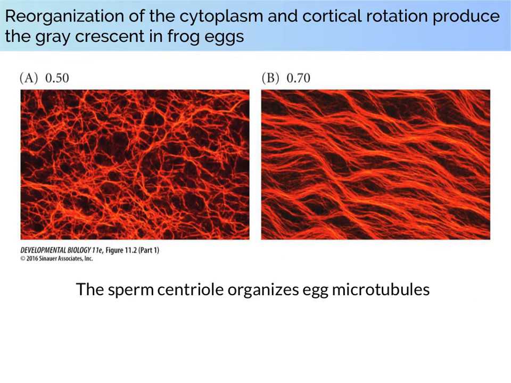The establishment of the dorsal ventral axis in the frog involves the rotation of the cortical cytoplasm, which is going to require the microtubules of the oocyte to be reoriented so that they are parallel to each other, as shown here in part B. Now, this rearrangement of the microtubules is achieved by the microtubule organizing center or centriole of the sperm.